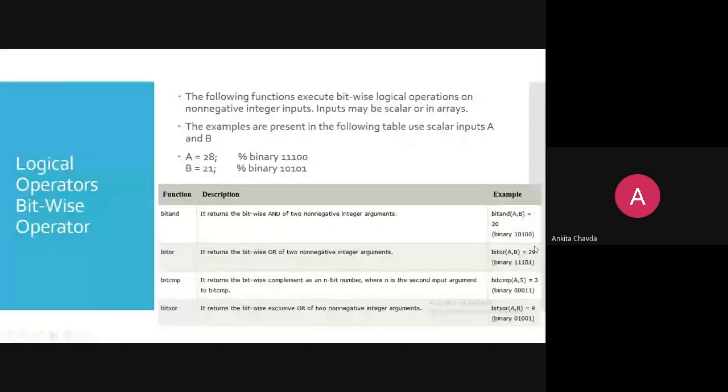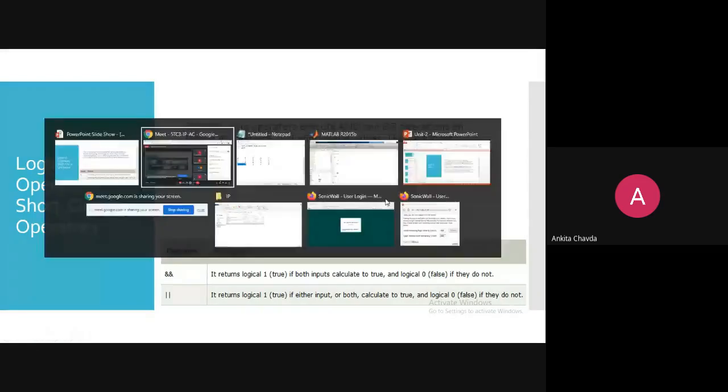Bitor, and bitcmp means the complement, and till how many bits, that range you can also give here, right? Then bitxor with the values and so on, right? And the last one is the short circuit one. Short circuit you already know. Just check this.